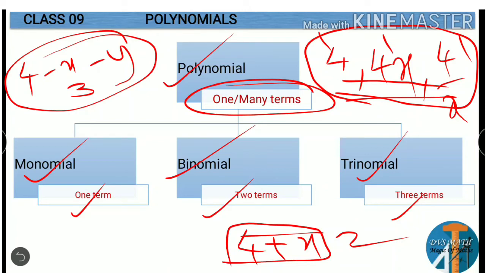No, if it is at least 1 term, it is also a polynomial. If it consists of 2 terms, it is also a polynomial. Within that polynomial, we write monomial, binomial and trinomial. Any expression consisting of one or many terms is called a polynomial.